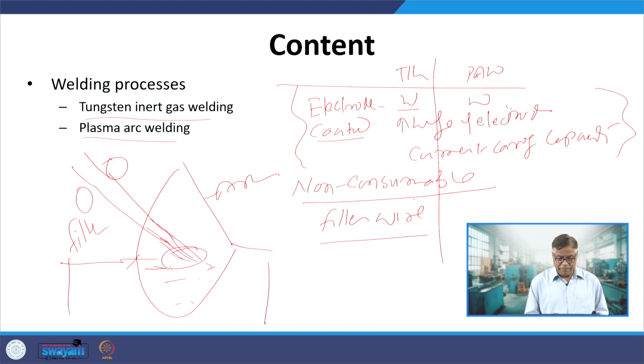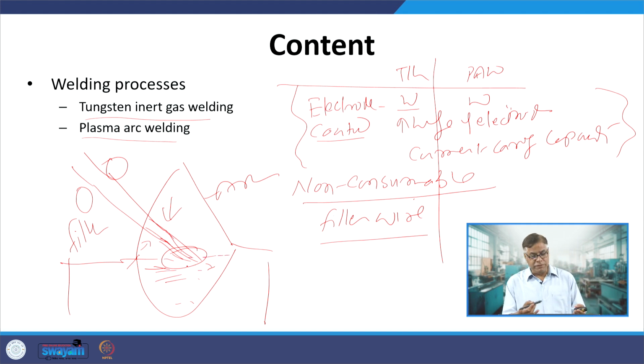Two things will be happening. As soon as the filler wire enters the arc zone, heating starts and it will also melt, but for smoother transfer we may dip it partially in the weld pool, so that the molten metal from the filler wire is transferred to the weld pool smoothly.